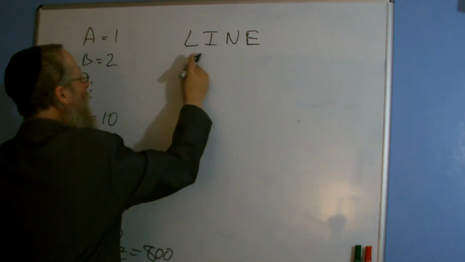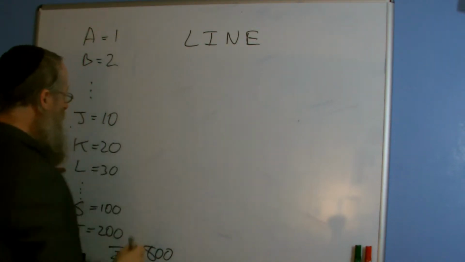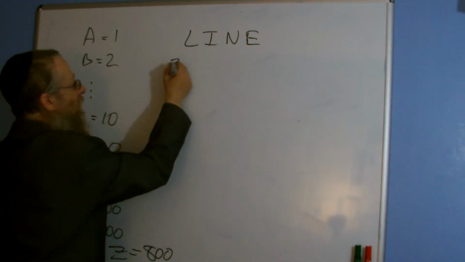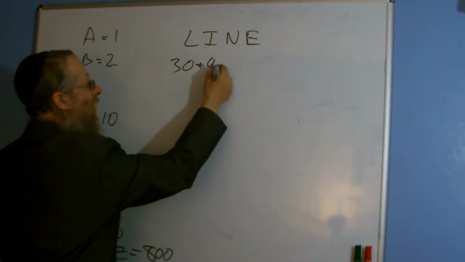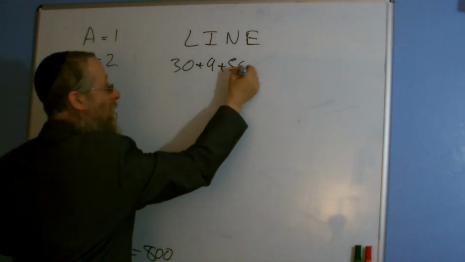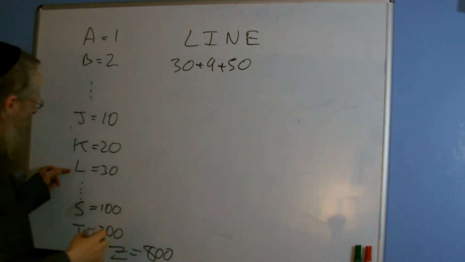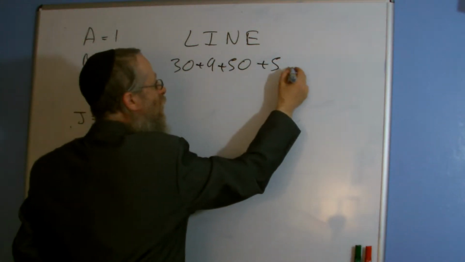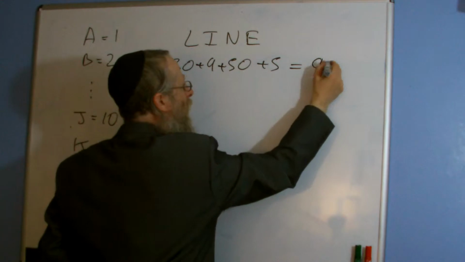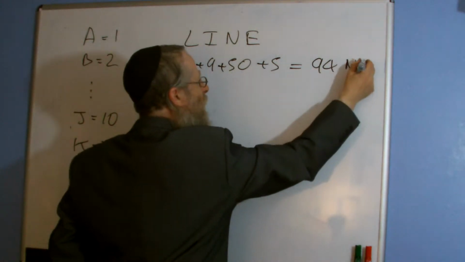Line: L is 30, I is 9, N is 50. Right? L, M is 40, N is 50. And these are the normal values. And that will give you 94, which are called NV.